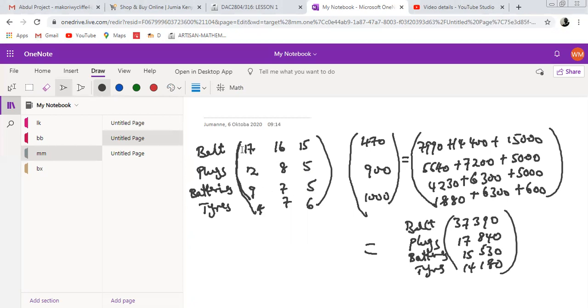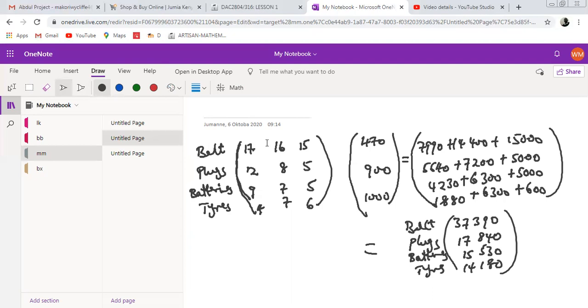So what we have here, you need to understand that what we have at the top here is the saloon. Let me indicate here. So here we have the saloon, the double cabin, and the station wagon.